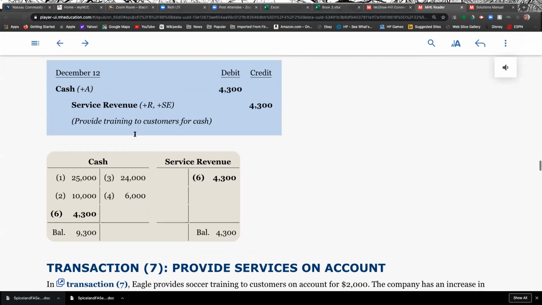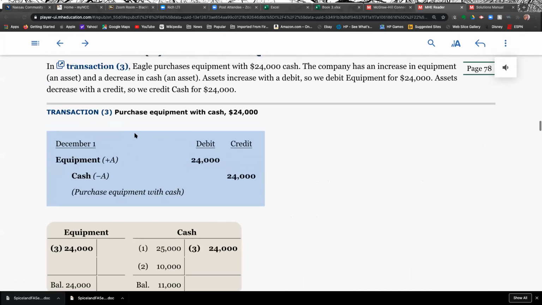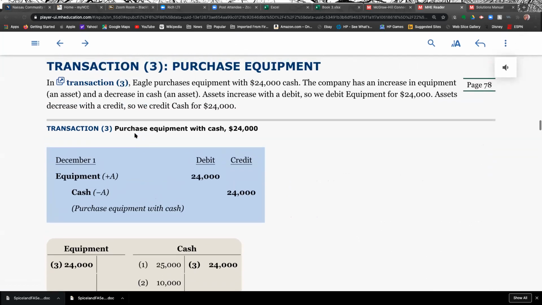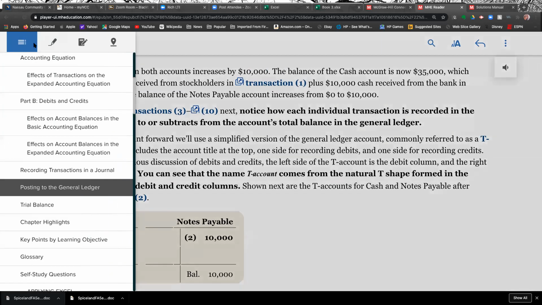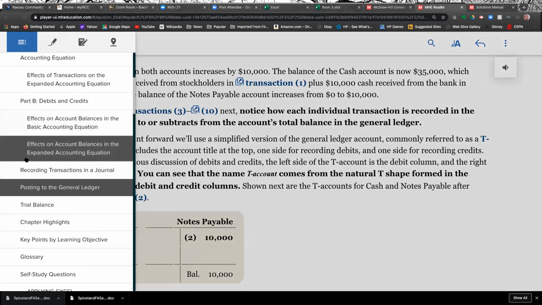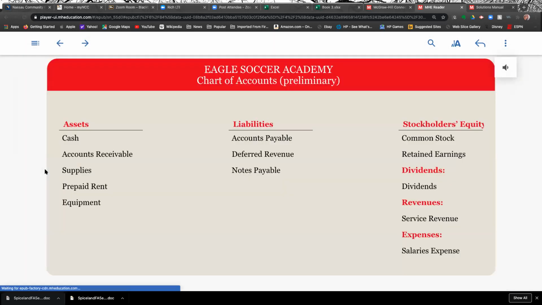So what you need to have is another book. The accounts are contained in one book, called the General Ledger. But we need to record the transactions first in something called a journal.